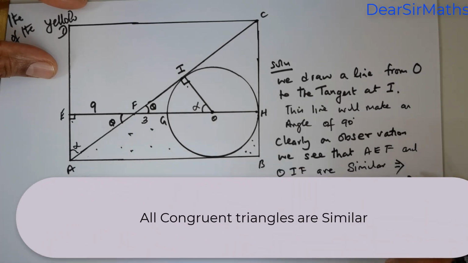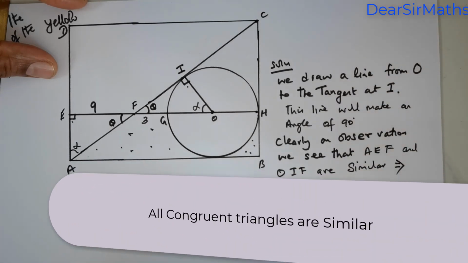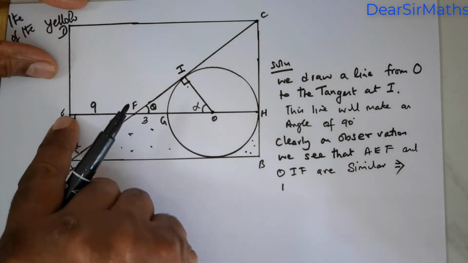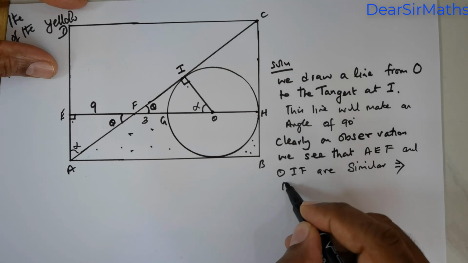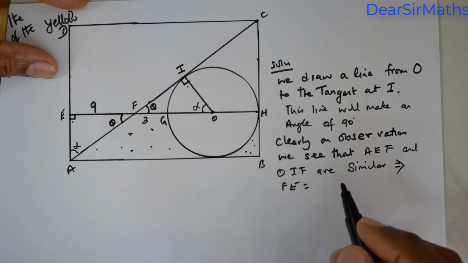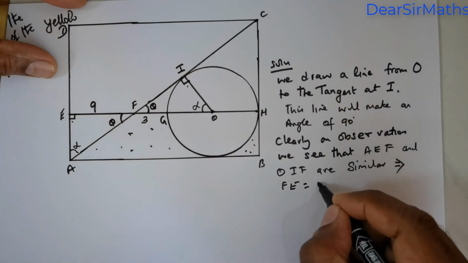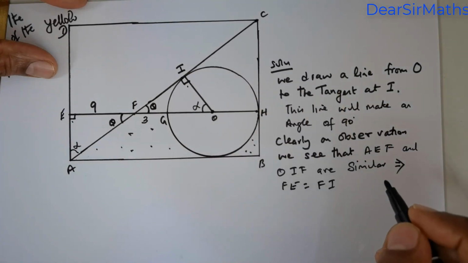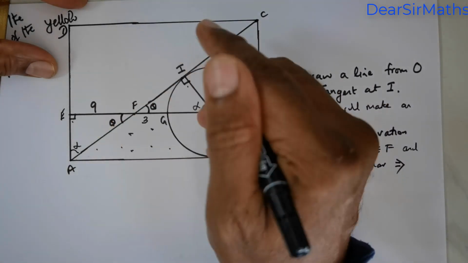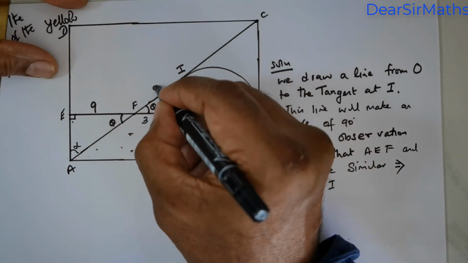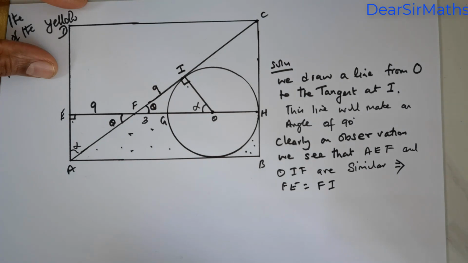So this would mean FE will be equal to FI. So this length will be 9 units.